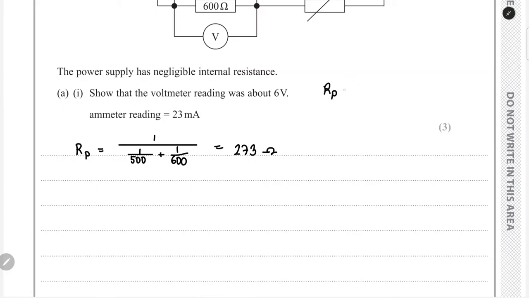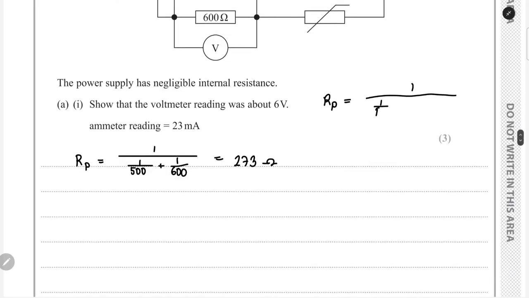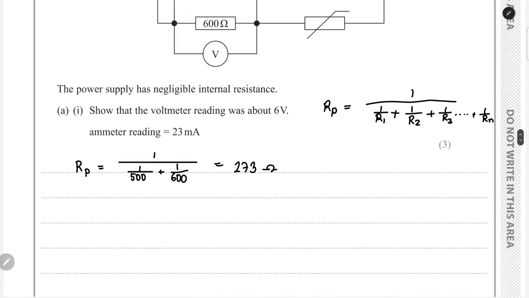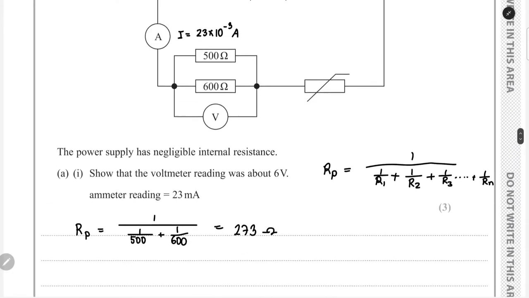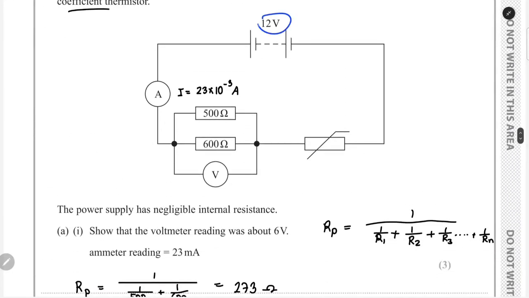So R parallel for n resistors in parallel is 1 divided by (1/R1 plus 1/R2 plus 1/R3 and so on until the last resistor). So we know the resistance of this parallel combination. Using that and the voltage and current, I can find the resistance of the thermistor.